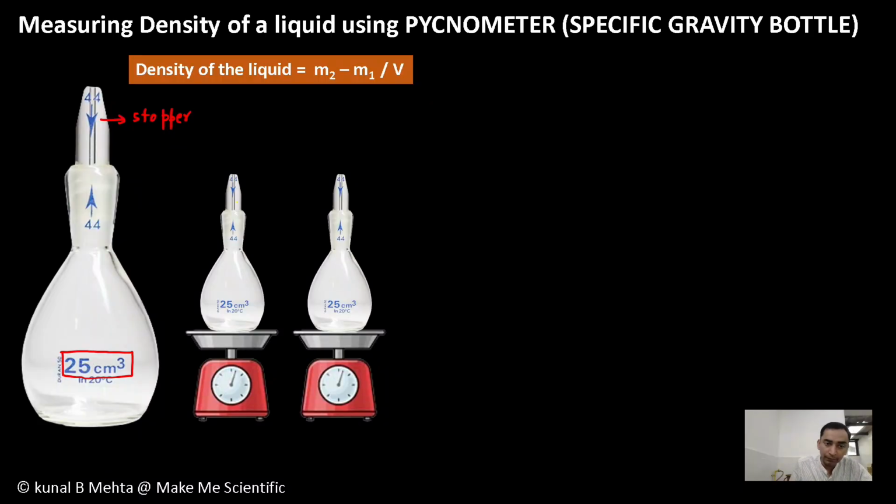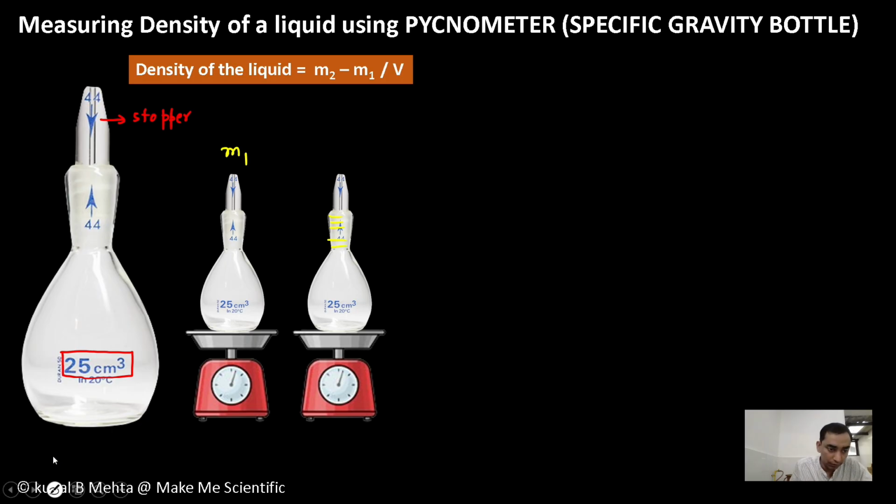We will measure the mass, let me call the mass M1, of the empty picnometer bottle. For that I'm going to use the weighing machine. So this is a weighing machine and the mass of the empty picnometer bottle is M1. Now you are supposed to completely fill this with liquid. Suppose till here, the liquid is filled.